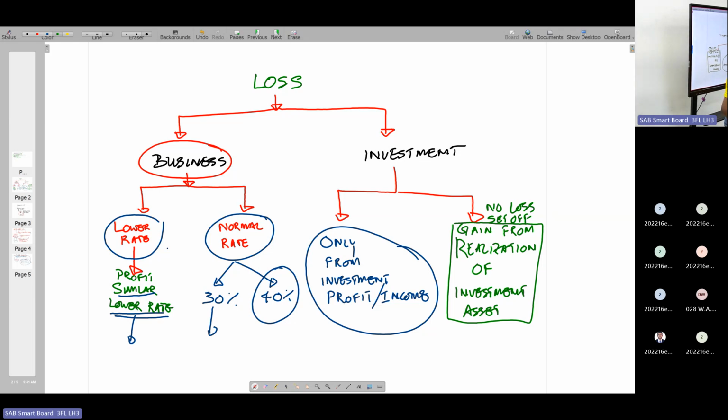Tax rate for the particular profit. Right now we have not discussed at that level. I'm going to say once we work out the taxable income, we have to apply the tax rate and work out the tax liability. At that time, what's the tax rate?